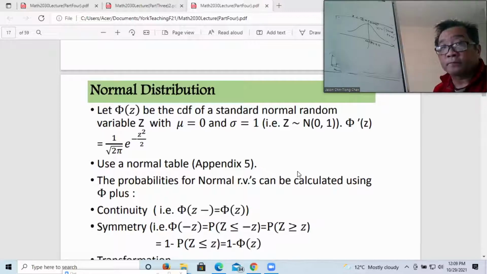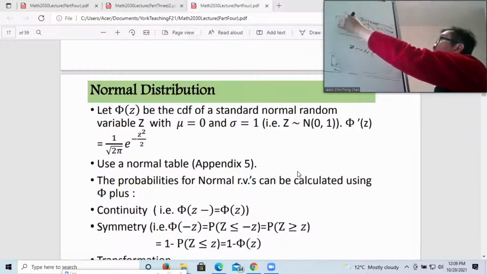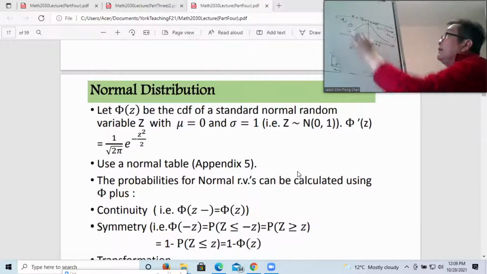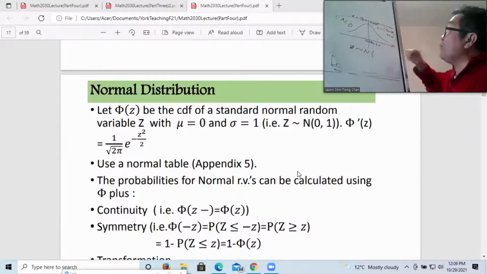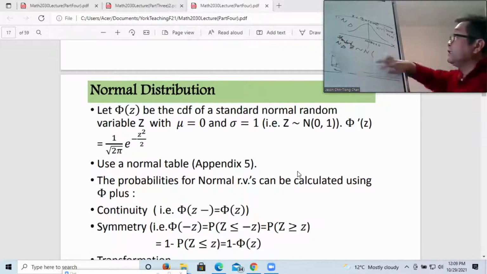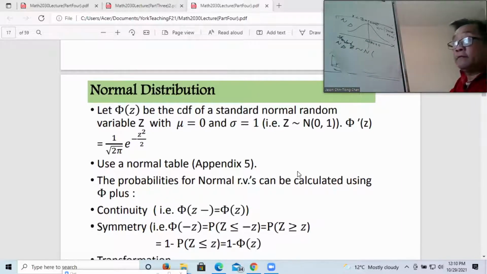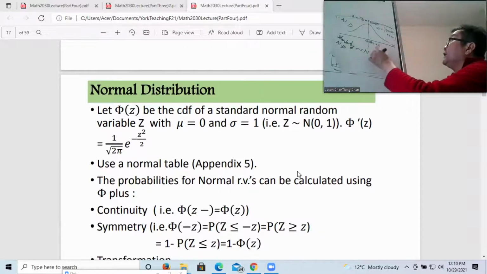Now this is X. Now I change to Z. This one we call normal distribution. Now we change it to standard normal distribution. Z stands for standard normal distribution. So for the standard normal distribution, your mean is always 0, your standard deviation always 1.